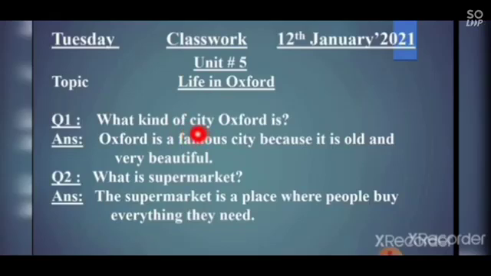Then write city. CITY. Then space. Oxford. O should be capital. OXFORD. Then space and then write IS, and at the last put question mark.